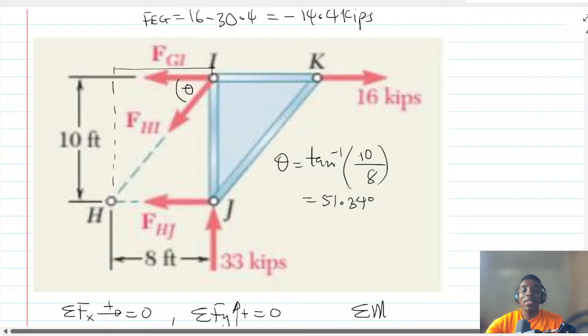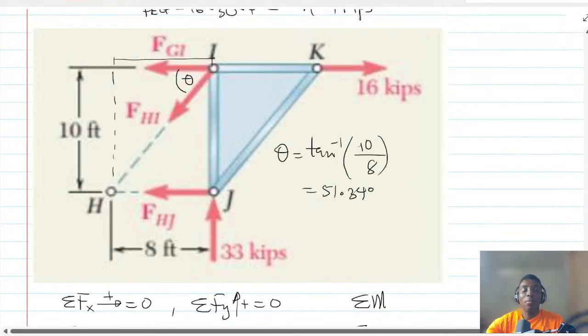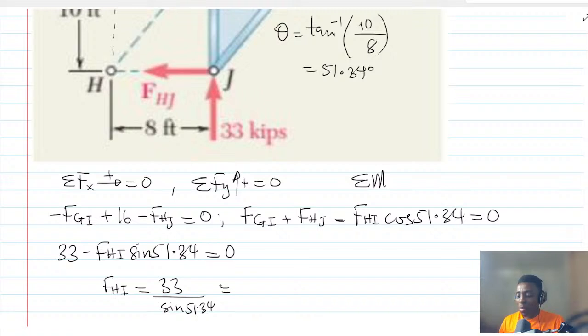So after getting this, we can say that FHI is equal to 33 divided by sine 51.34, which is 42.26 kips. So that is FHI.